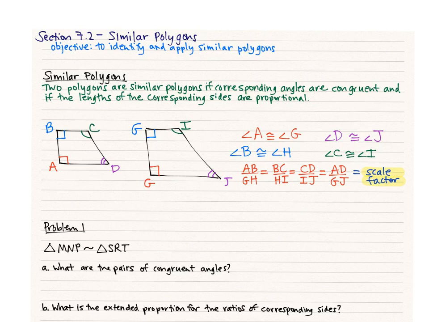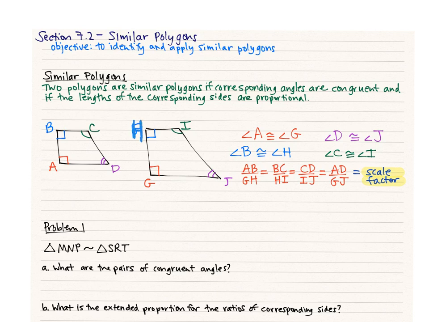their corresponding angles are congruent. So here we have corresponding angles. They are all congruent. And then the lengths of the corresponding sides are proportional. So here we have our congruent angles, and then that would mean AB divided by GH, or this should be an H. So you should fix that on your notes too.